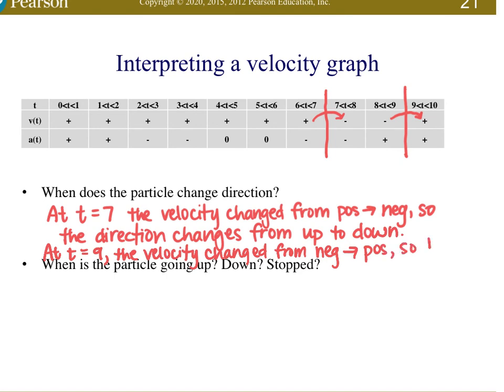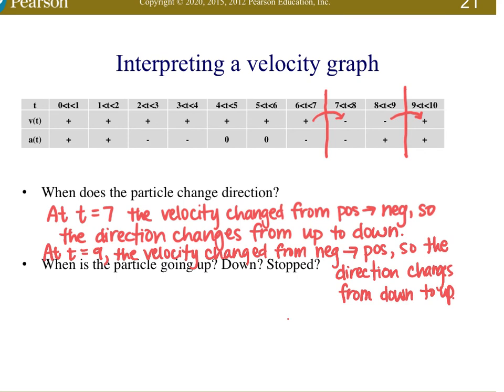So the direction changes, from down to up. All right, that's really connected to the next question.